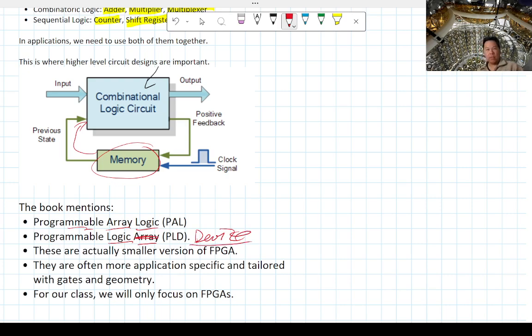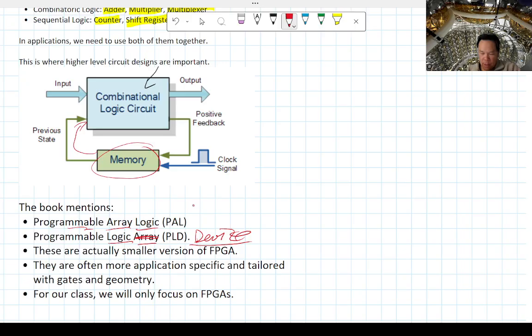So these are basically a more primitive version of the FPGA, where the FPGA has a little bit more to it, because not only does it have the combinatoric logic and the memory, it also has little dedicated memory banks that you will not see in a PAL. You also will not see simple interfaces like dials and switches. These are often more application specific.